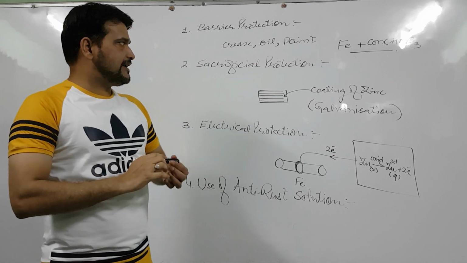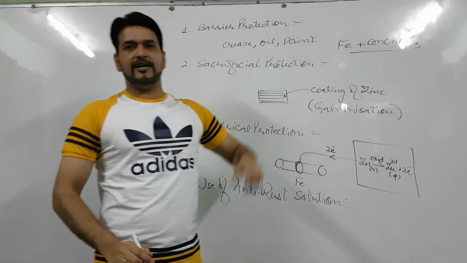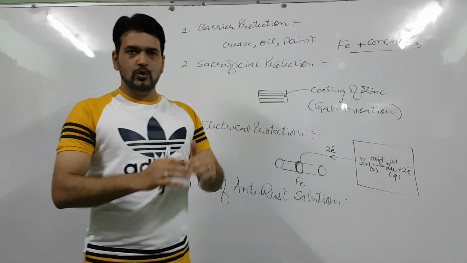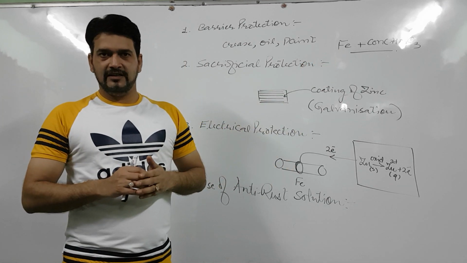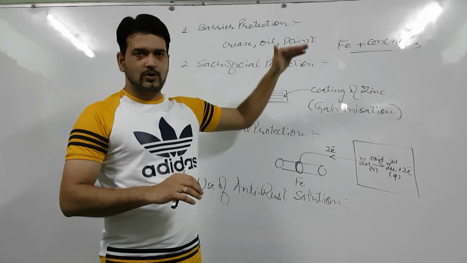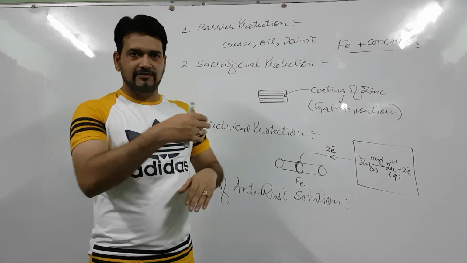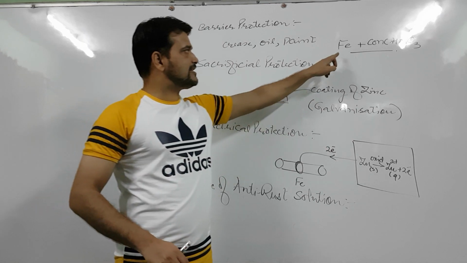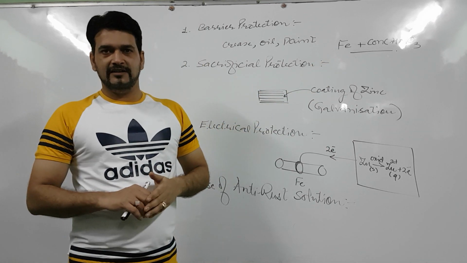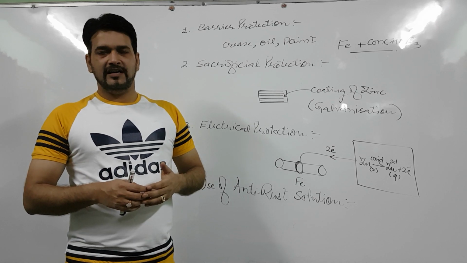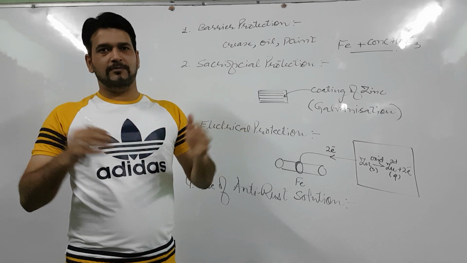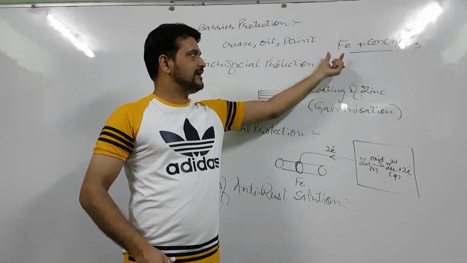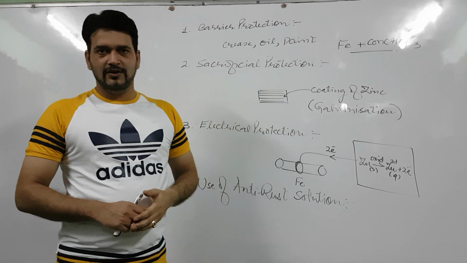After some time this iron loses all its properties, like undergoing oxidation or reacting with any other atmospheric conditions. In this way, this iron becomes passive iron, and this passive iron is not suitable for any reaction. So this iron is automatically protected from rust.